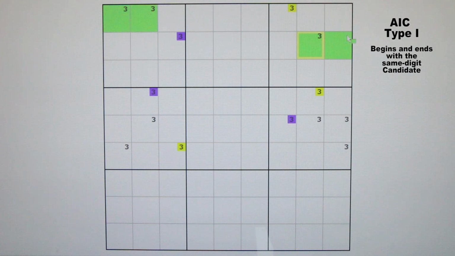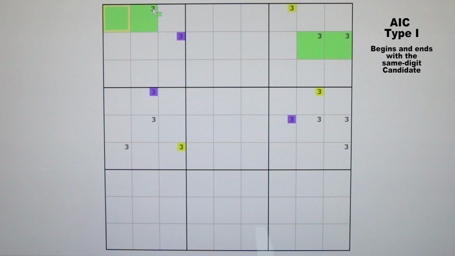And if there was a 3 in any of those 4 cells, you can eliminate them because these 2 3's can see this blue 3 and they can see the yellow 3 because they're in the same block. And these 2 3's can see this blue 3 because they're in the same block, and they can see this yellow 3 because they're in the same row.